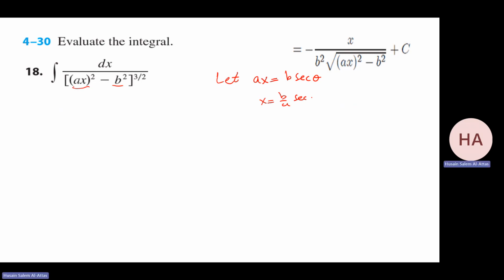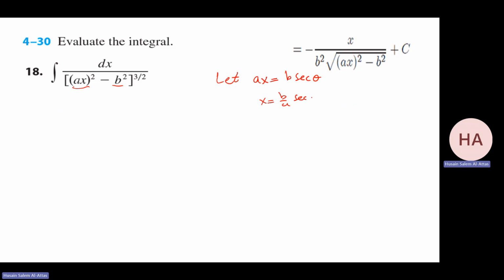D theta over what is ax squared? Square minus 1, that will be b tan square, b square tan square. So I have cubed b square here, tan square to the power 3 over 2.